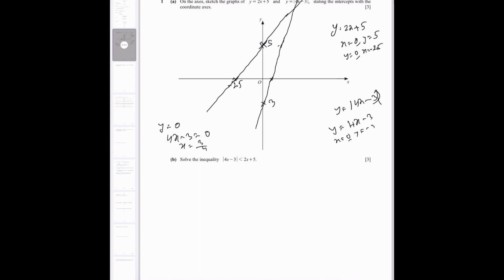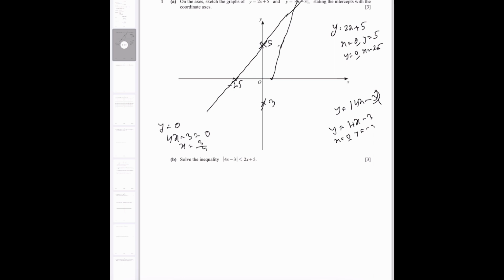Then since there is a modulus, reflect the part of the graph which lies below the x-axis in the x-axis. So this part will be reflected, and this is 3.